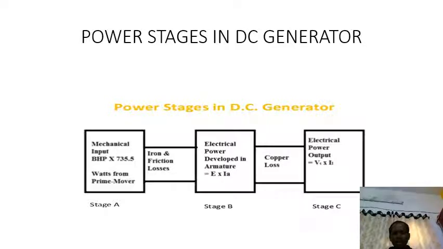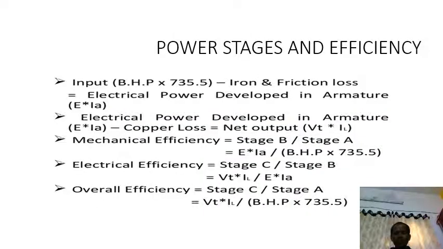These are the power stages of the DC generator, to convert mechanical power into electrical power. Here the input power is BHP into 735.5, with 1 BHP being 735.5 watts, which produces the iron and friction losses.